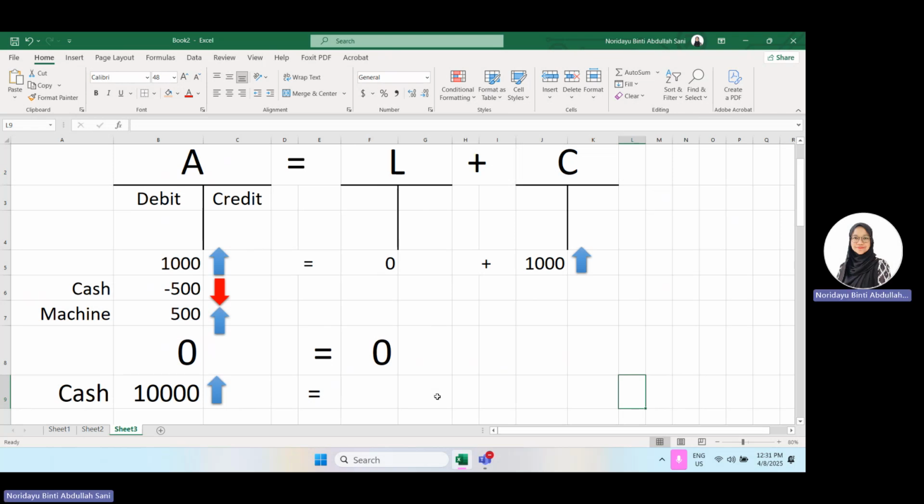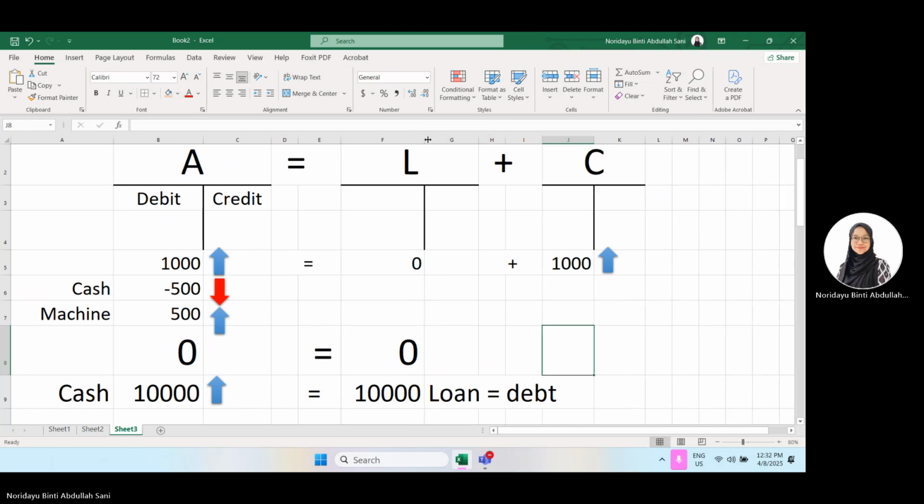So when you have this loan, the loan is a liability. Why? Because you have debt. When you have a loan, you have debt. Okay? You have obligations. So my liability will be increased by 10,000 as well. So technically, asset 10,000 goes up, and for my loan also, I have an increase in my liability by 10,000.